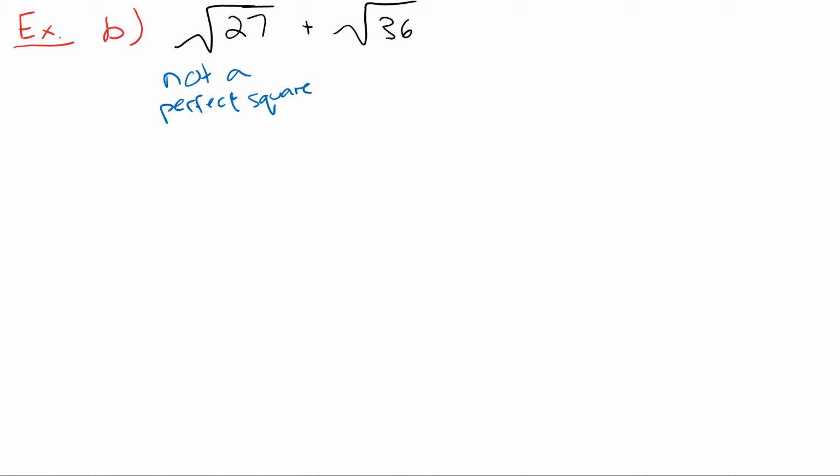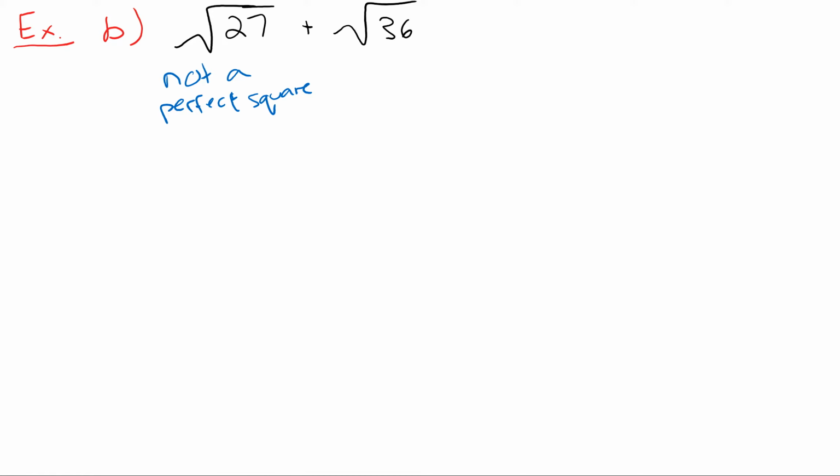So if it's not a perfect square, I want to think of if any of the factors of 27 are perfect squares. And if I think about that, I realize that 9 is a factor of 27, and 9 is a perfect square. It is 3 times 3 is equal to 9, so we can use that to simplify this first part of the expression. We can simplify this radical using that.